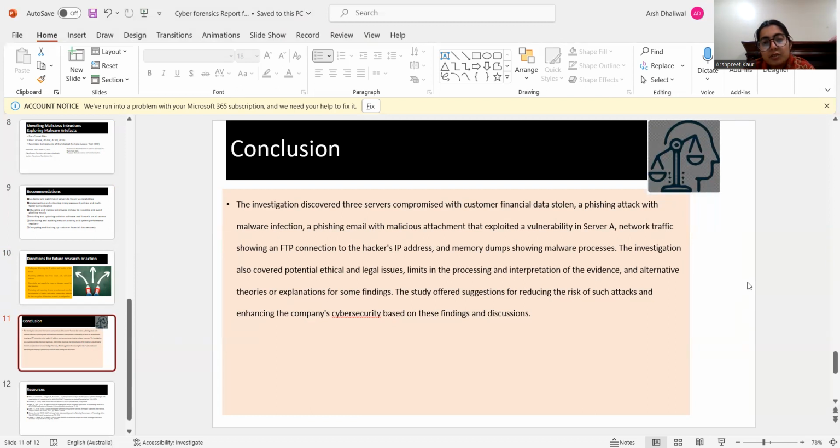The investigation also covered potential ethical and legal issues, limitations in the interpretation of the evidence, and alternative theories of explanation. Based on the findings and discussion, the study offered suggestions for reducing the risk of such attacks and enhancing the company's cybersecurity.